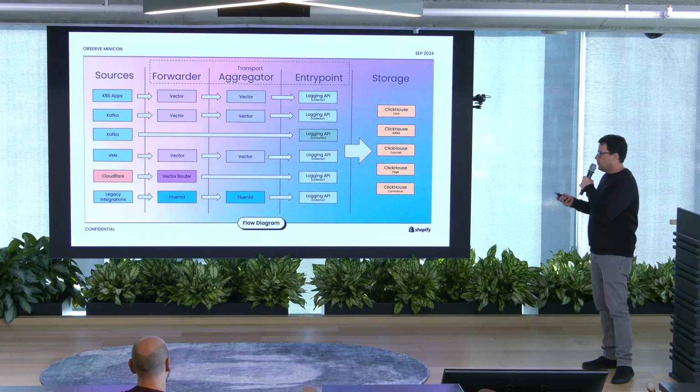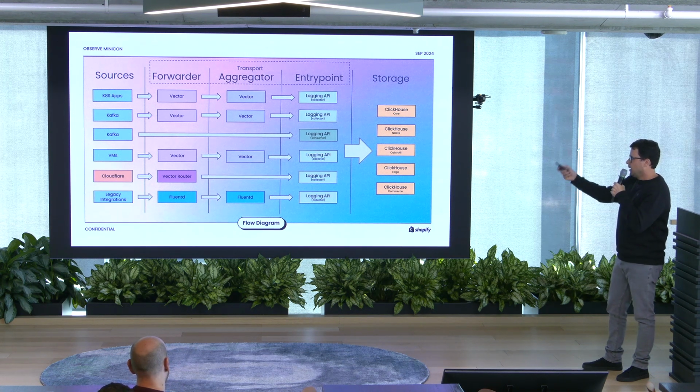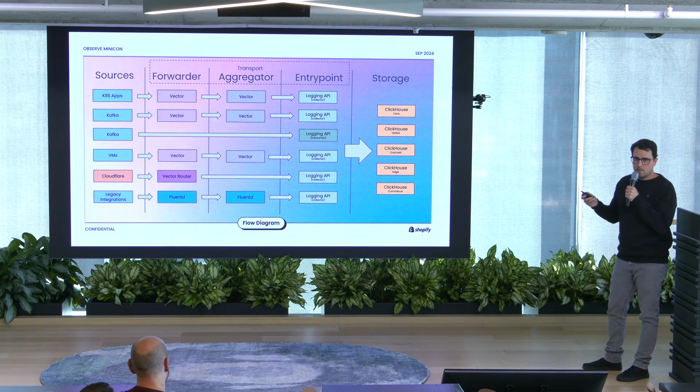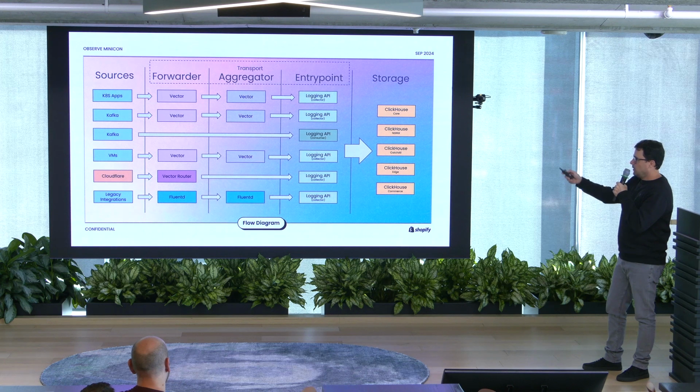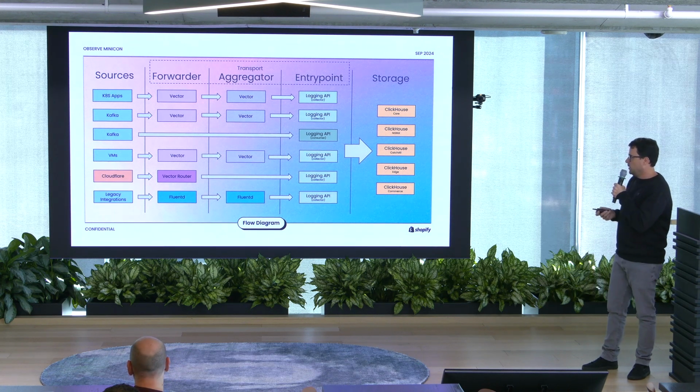Okay, and just a quick recap from the previous diagram. I don't want to mention every single source and path, but we have logs that are consumed straight from Kafka. That's a very specific core use case in Nginx. And in that case, we bypass Vector because the logging API, or what we call the consumer API, can actually read directly from Kafka and do the same batch processing, transformation, everything built in.